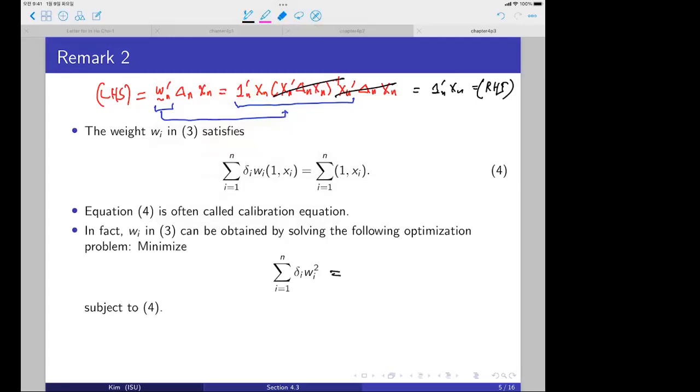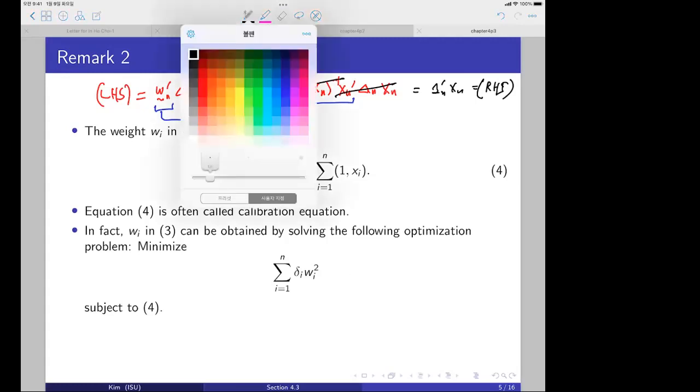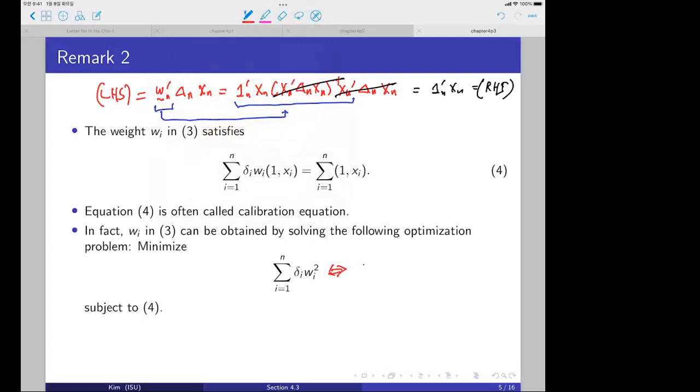Minimizing this guy subject to the constraint is equal to minimizing this guy subject to the same constraint, because if you expand it, you get a quadratic term and then a linear term, right? The linear term is actually part of the constraint, so that doesn't matter.